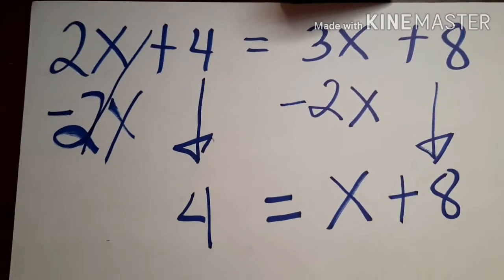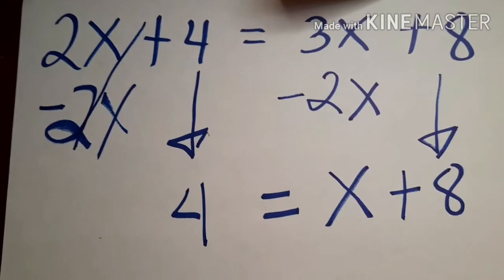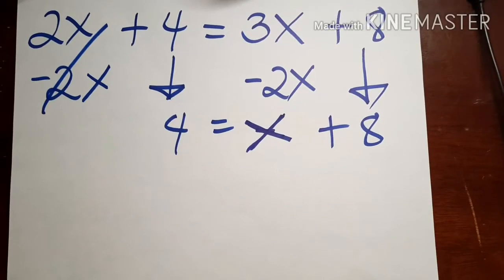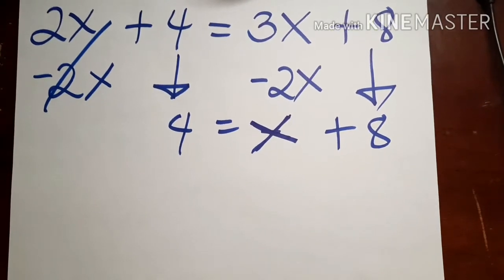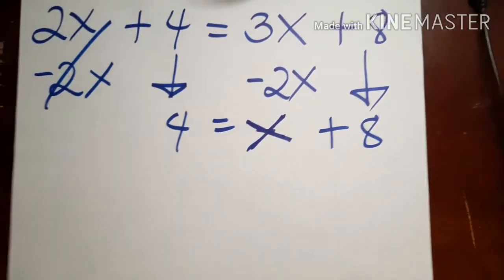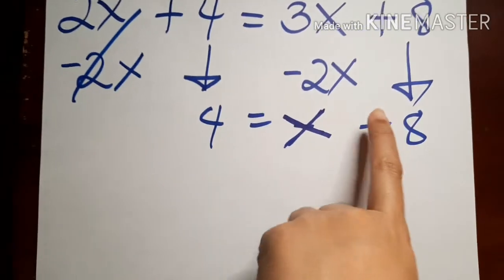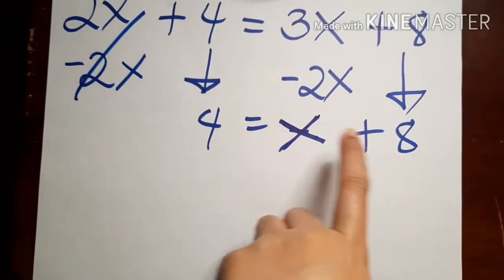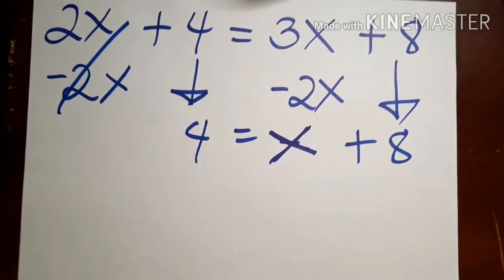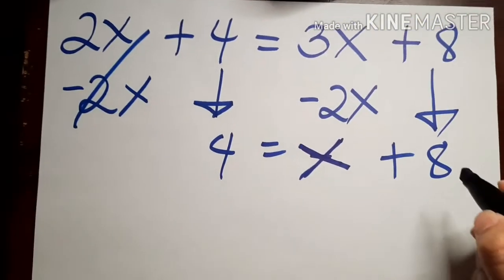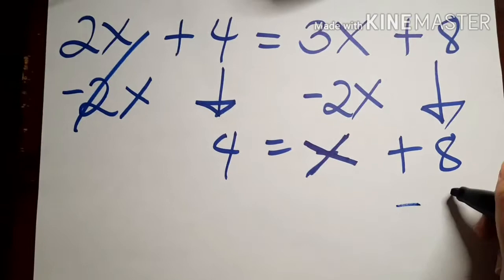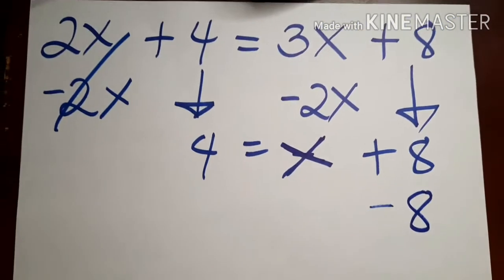Now, what I am going to do is put all my constants on one side. How will we do that? Again, inverse operation, but now we will focus on the constant. In here, I want to move 8 to the other side. The inverse of positive 8 is subtracting 8.